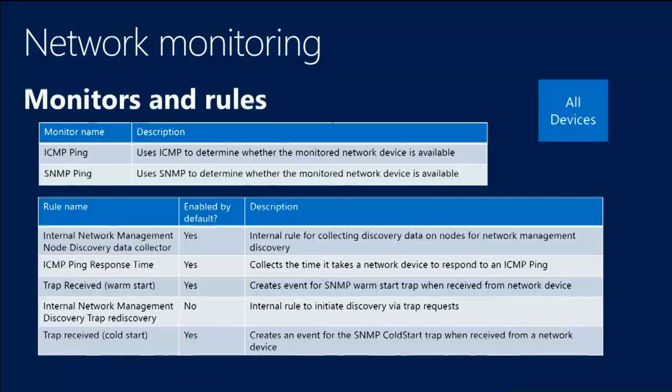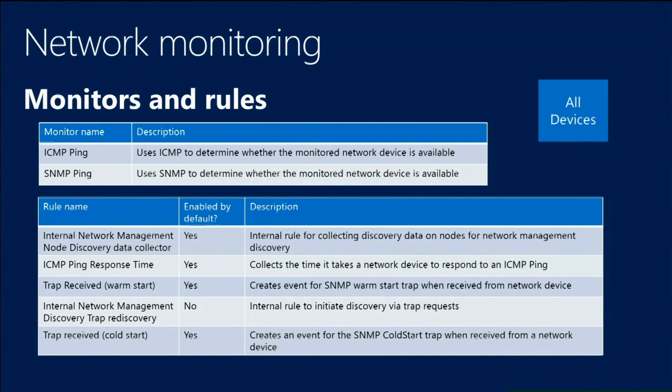Now, for all devices, like you see in the right-hand corner, these are the monitors and rules you at least get. So we do an ICMP ping to the device to see whether or not we actually can still ping the device. We regularly, of course, do SNMP get to understand that we're still able to talk to the device. We do collect the ping response times, if you want to graph that up, show that in a performance graph.